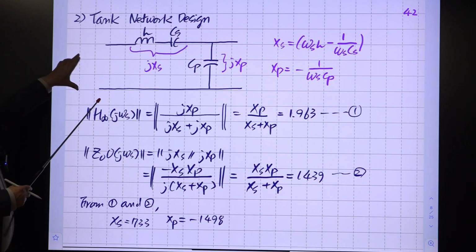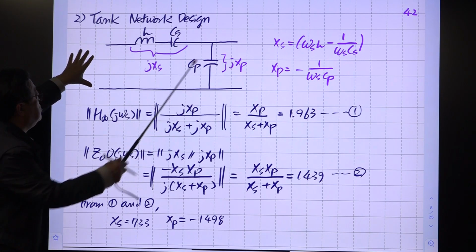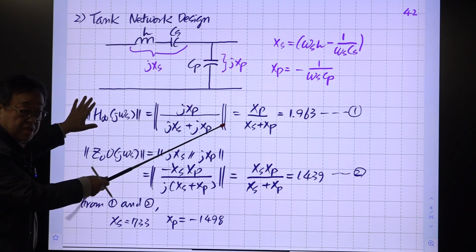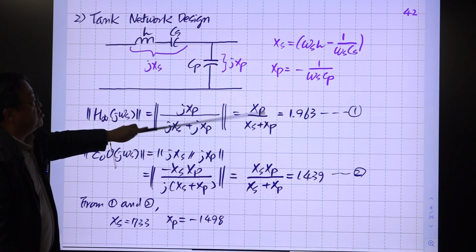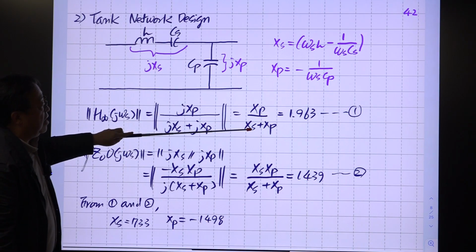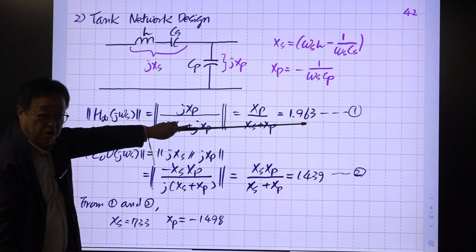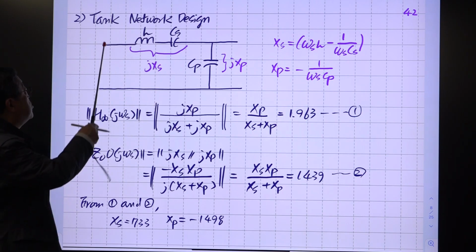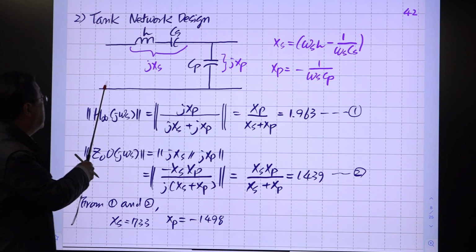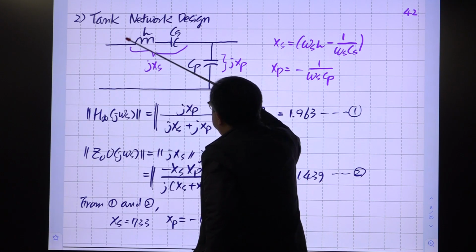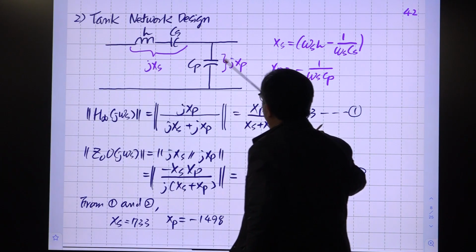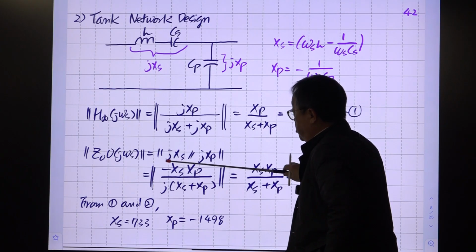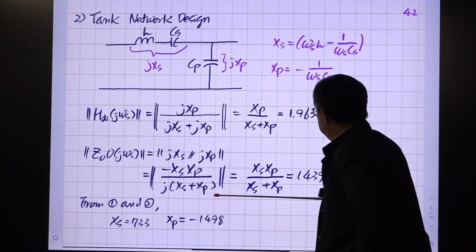Then the ratio is just the ratio of these impedances: XP divided by XS plus XP, equation number 1. Equation number 2 is the short-circuit output impedance. The output impedance is jXS in parallel with jXP, and its magnitude is this.